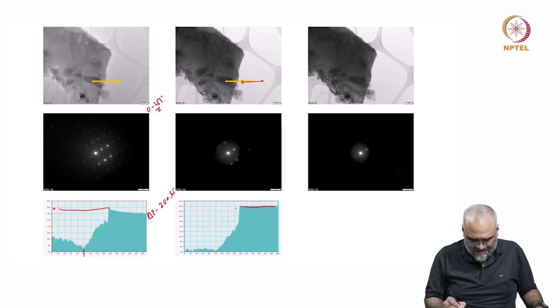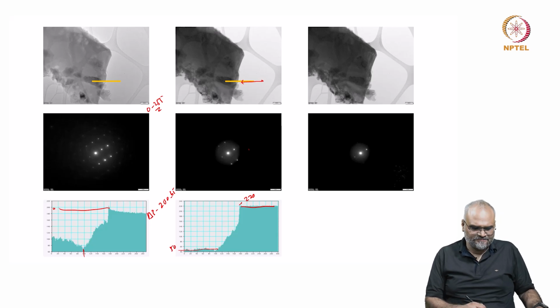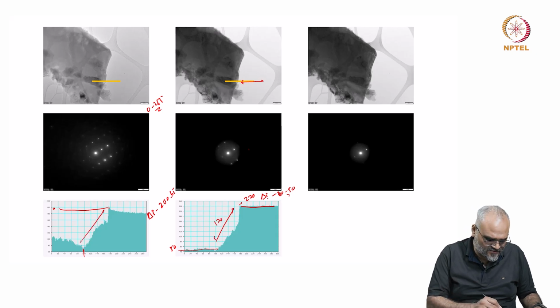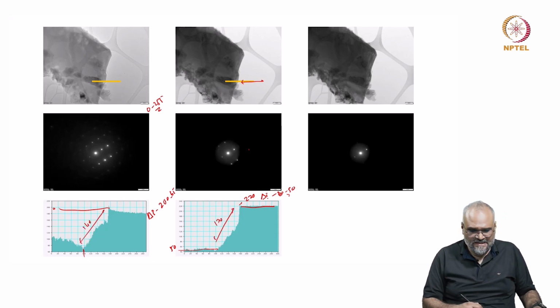So you can see that this is at somewhere around 220 counts, and the median low value is around, let us say, 50 counts. So there is definitely a significant change in the contrast value. 220 minus 50 is approximately a range of 170 counts, whereas this is around 140 counts.